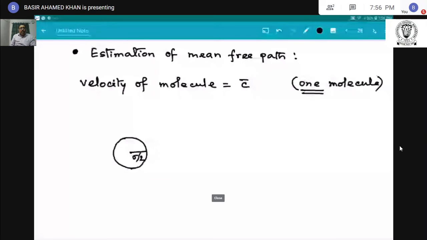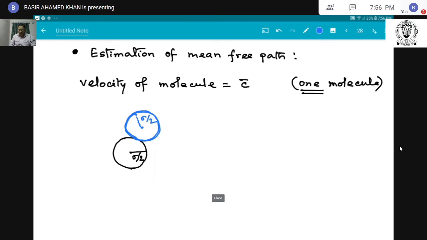Suppose another molecule collides with this molecule. That means these two molecules collide with each other when the distance between their centers becomes sigma. Here also the radius is sigma by 2.